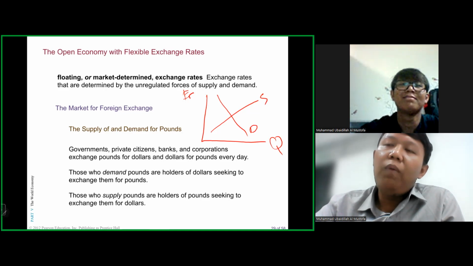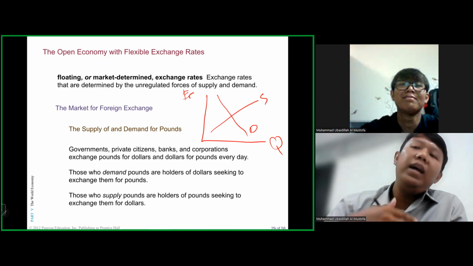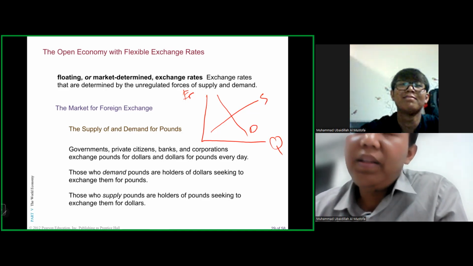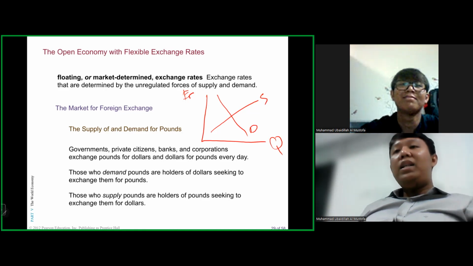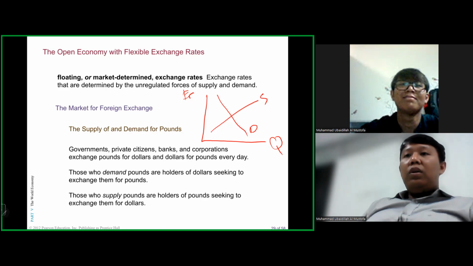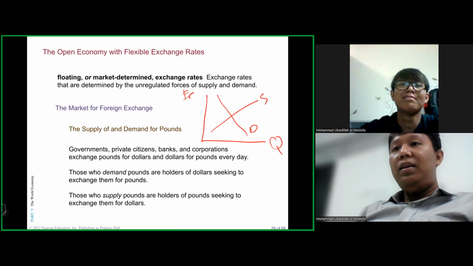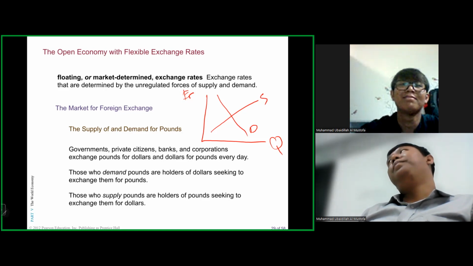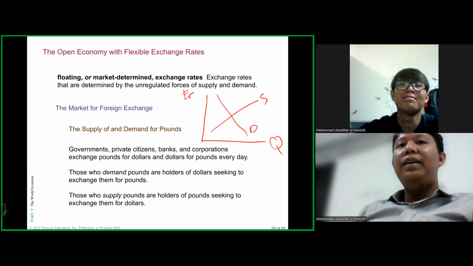So our currency becomes more expensive if we have an increase in demand and lower supply, but our currency will decrease in value, or be depreciated, if we have a lower demand and higher supply.